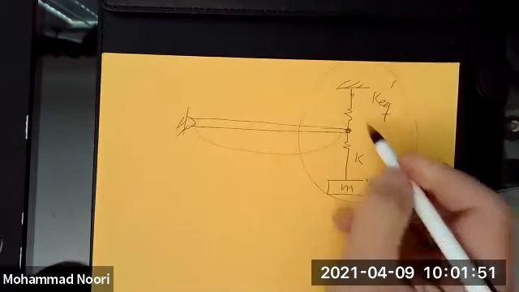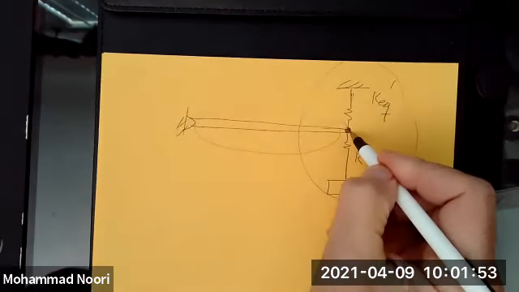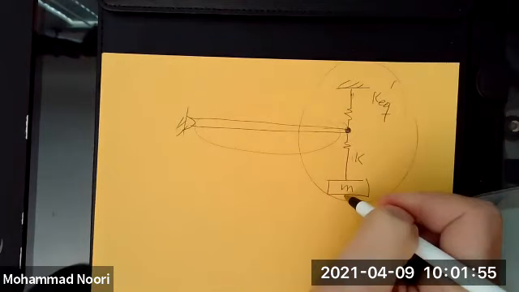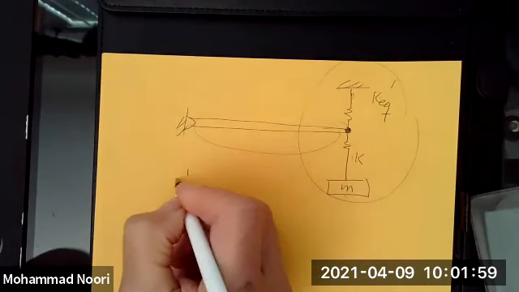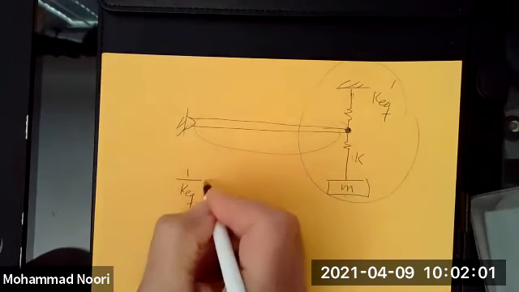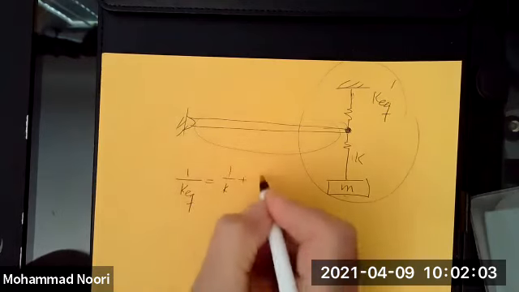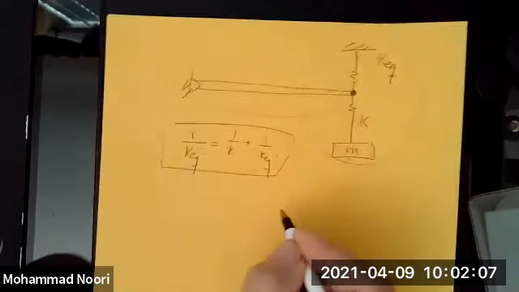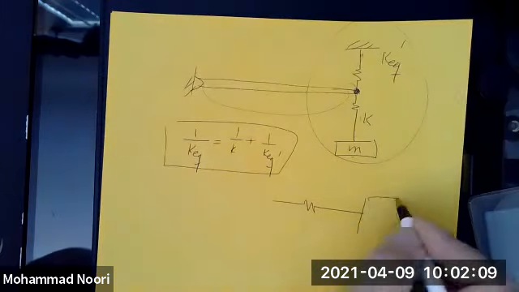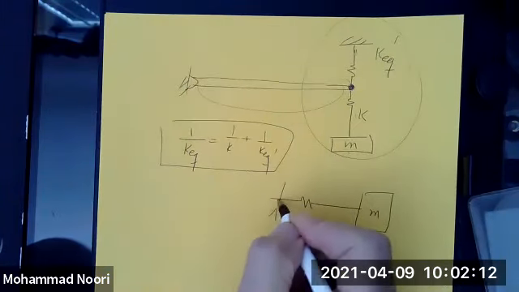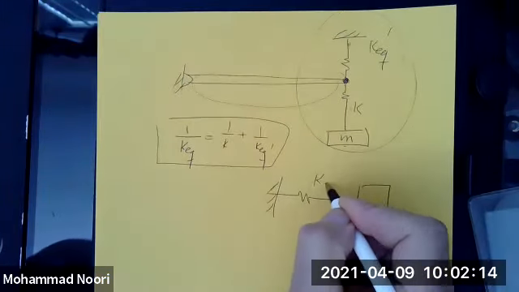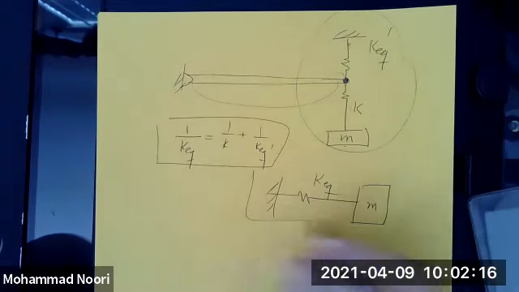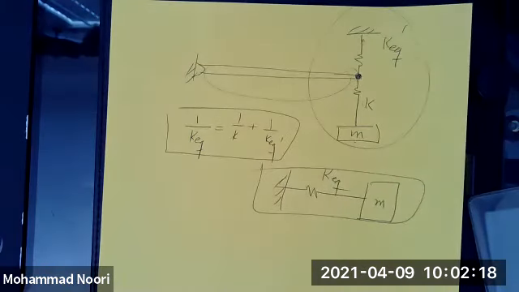This is massless. So you have just a point connection of these two springs. So 1 over K equivalent would be 1 over K plus 1 over K equivalent prime. And then you have replaced that whole problem with this model. Any questions?